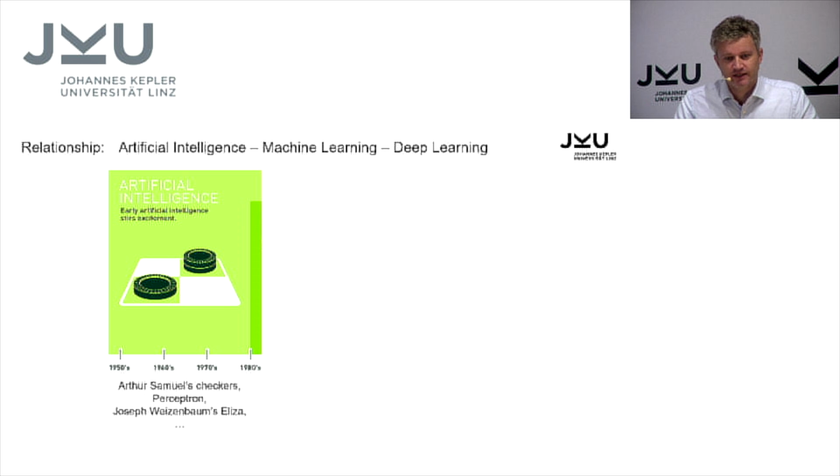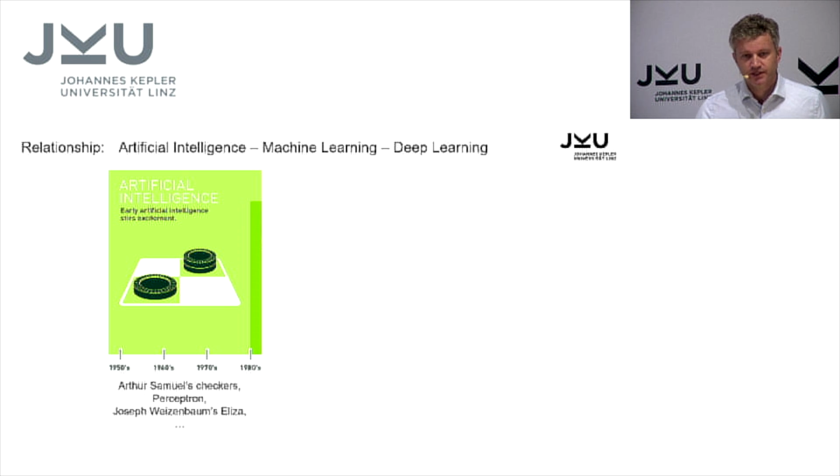So let us make a quick historical view and find out the interrelationship between the terms artificial intelligence, machine learning, and deep learning, because deep learning is a very dynamic subdiscipline, which our study program will also have a focus on.